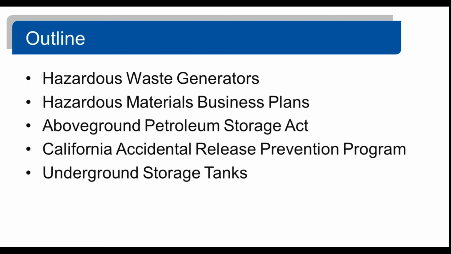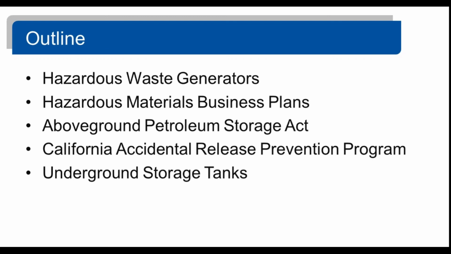Then we will discuss the training requirements for facilities that are subject to the Hazardous Material Business Plan, or HMBP, requirements. Following that, we'll look at the training requirements for oil handling personnel if your facility is subject to the Aboveground Petroleum Storage Act, or APSA.